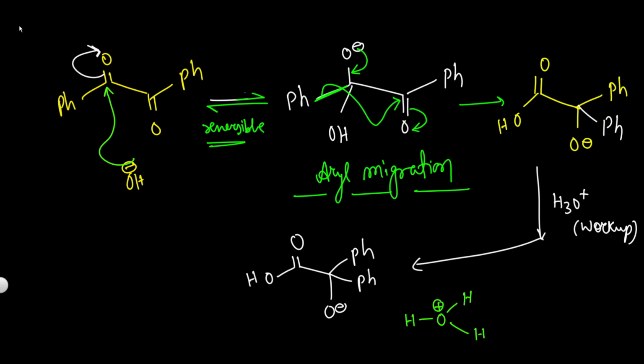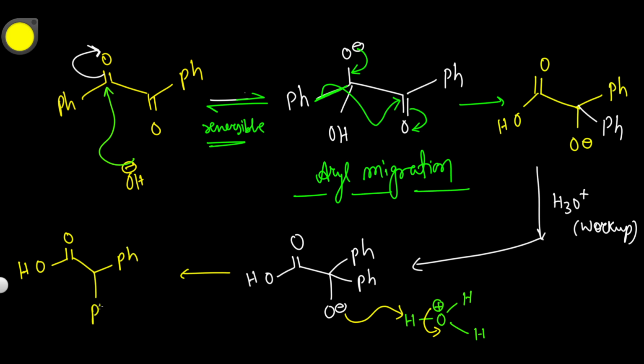Because we have done a workup, this O minus takes a proton from this H3O plus, and then the H2O leaves into the solution, and then you get this product, Ph, and here you will get OH, right? And this is your final product of this benzilic acid rearrangement, right?